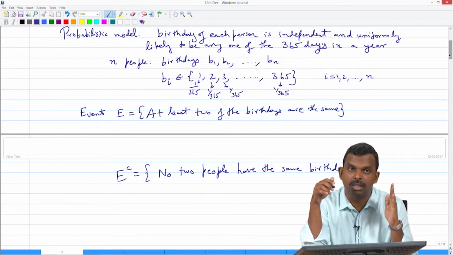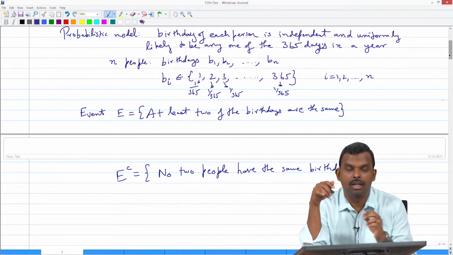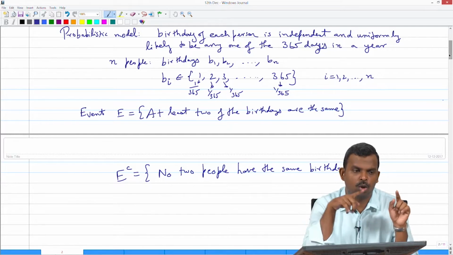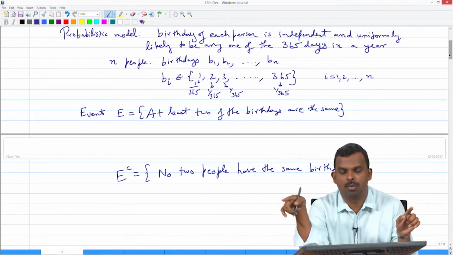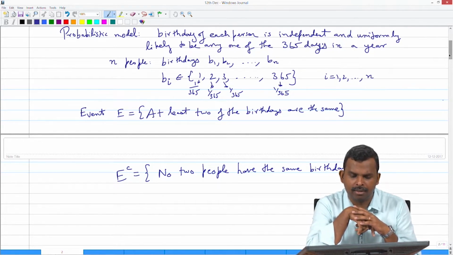So, each birthday is independent and uniformly likely to be any one of the 365. Okay, that is my model, and I want to find the probability that no 2 of them have the same birthday. They should all have different birthdays. Okay. So, that is the little calculation that we want to do here, and I mean you might see that this can be done using conditional probability.